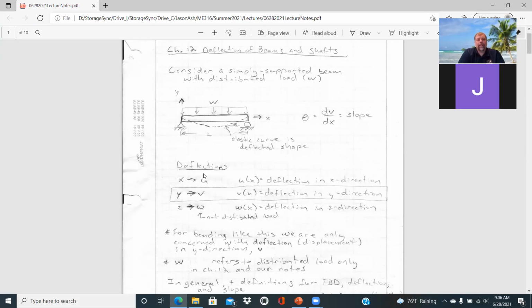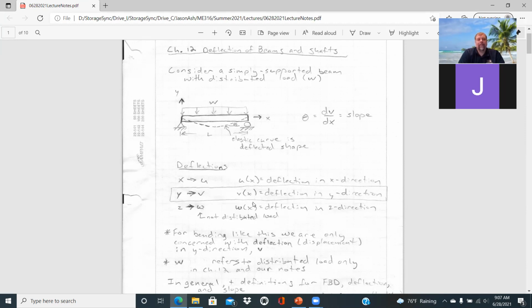And in terms of the deflections, if you look at the x direction, deflections in the x direction are defined by u of x, which is just deflection in the x direction. In the y direction, it's v of x. It's the deflection in the vertical direction or the y direction. And z is w of x, deflection in the z direction.